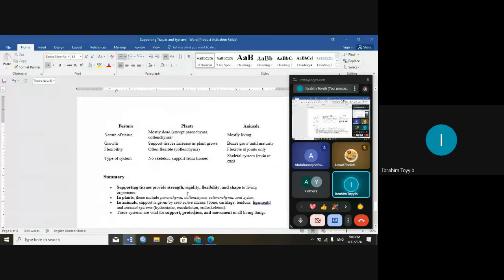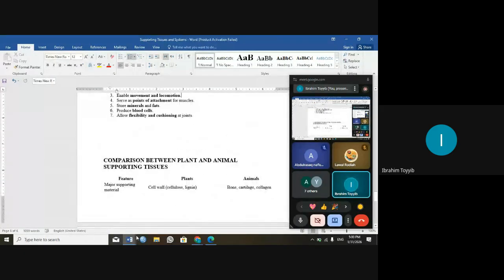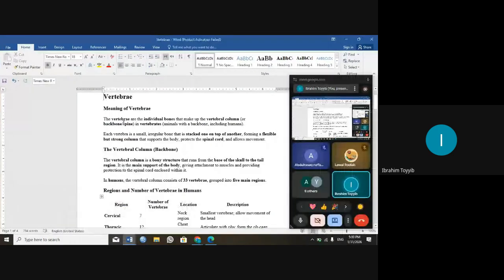Now let's look at the vertebrae. These are one of the connecting, supporting tissue systems in the body. So vertebrae are the individual bones that make up the vertebral column or backbone.